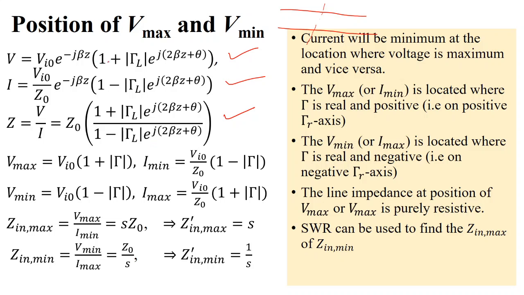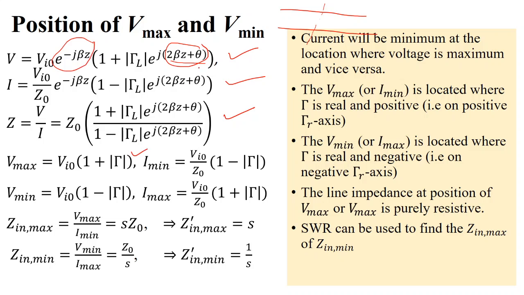Now the maximum voltage will occur, as we have already seen in the previous lectures, when this phase is 0. When this total phase is 0, this becomes 1 plus magnitude of gamma L, and you get V maximum.